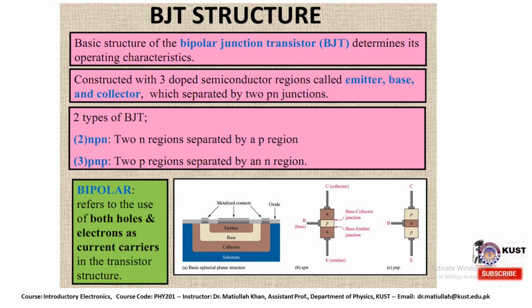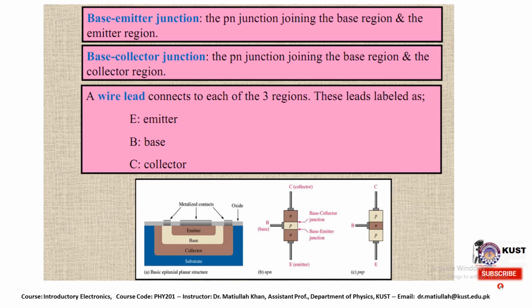In that case only the majority carrier, either electrons or holes, contributes to the current, so that is a type of unipolar transistor. But this is called a bipolar junction transistor because both holes and electrons are considered current carriers at the same time.